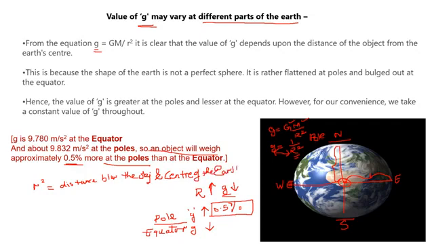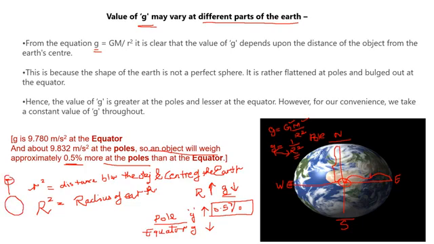And whenever it is capital R square, this capital R stands for the radius of earth. Now what is the difference? In the first case, let's take this is the earth, the object must be somewhere on the top of the Eiffel Tower.